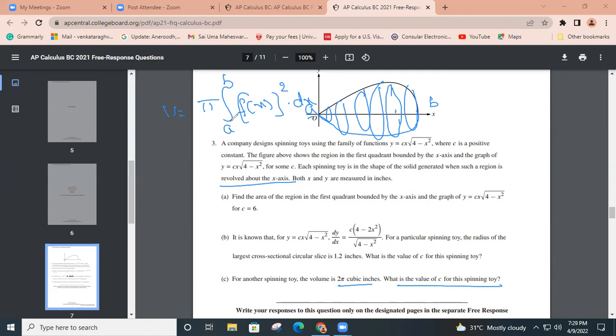So now I know a and I know b. So volume is equal to the integral from 0 to 2, pi is also there, f of x is also there. f of x is cx into root of 4 minus x square, whole square, into dx. Volume is equal to the integral from 0 to 2 of pi into (cx into root of 4 minus x square) whole square dx.